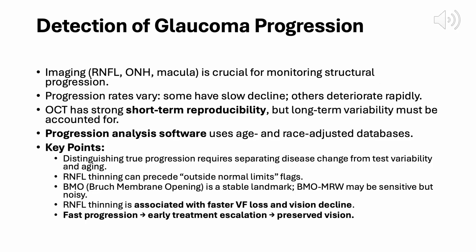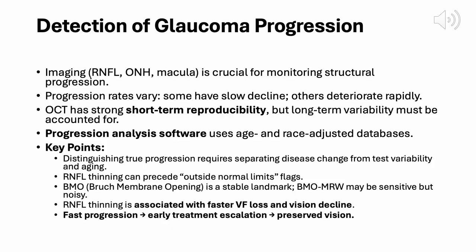A few key points to emphasize. Accurately identifying true progression means we must distinguish it from natural aging or test-retest variability. RNFL thinning may occur before it crosses outside normal limits, so it's important to watch for subtle but consistent downward trends.